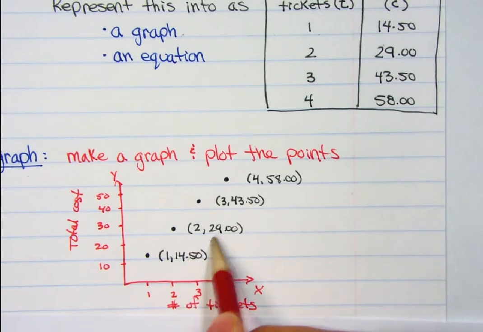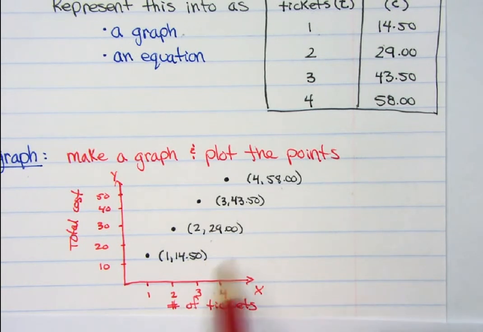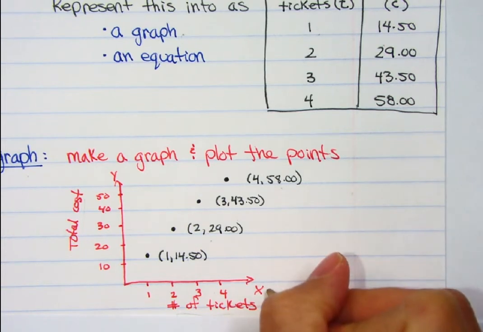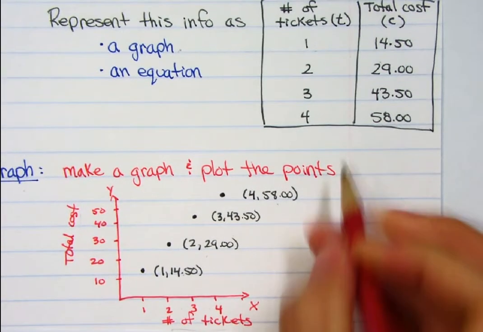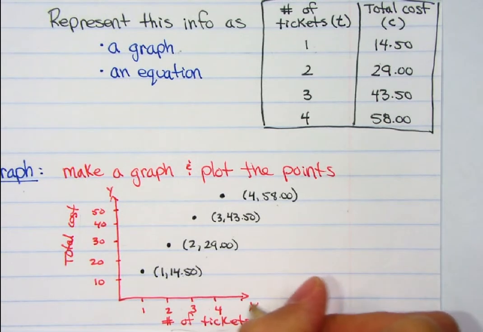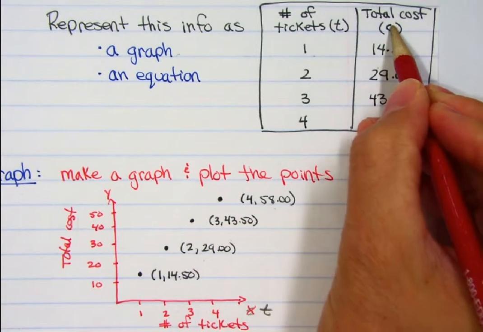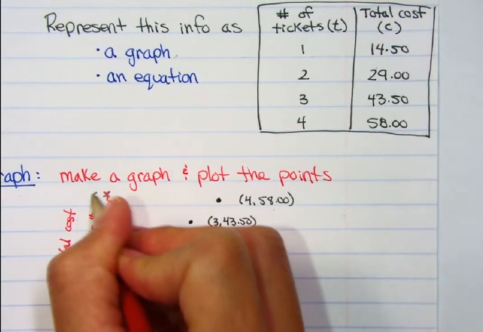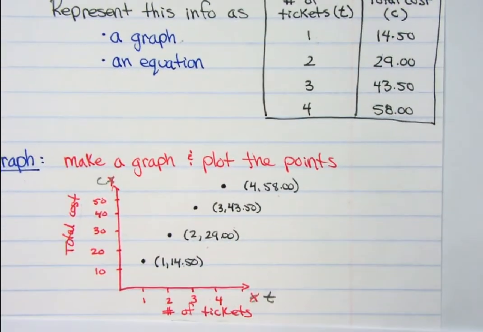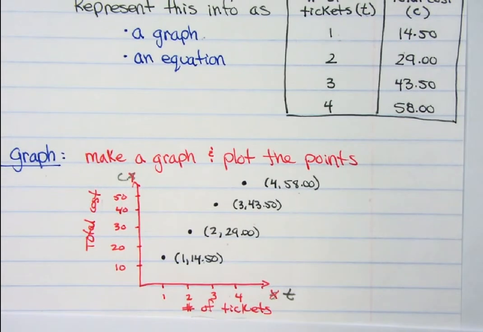I put the coordinates there so you can see that, and I made sure to label both axes. Really, instead of X, I should be using T, because that's the variable we're using, and instead of Y, I should be using C for cost. The letters could change depending on what you make them. Okay, so that's the way you graph it.